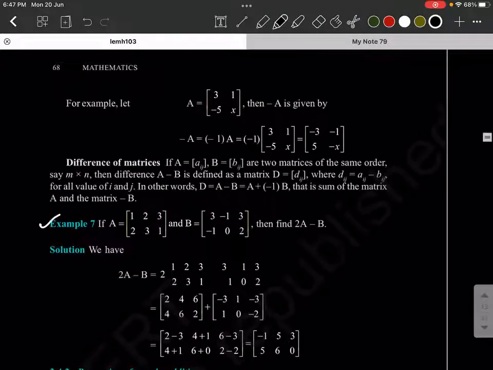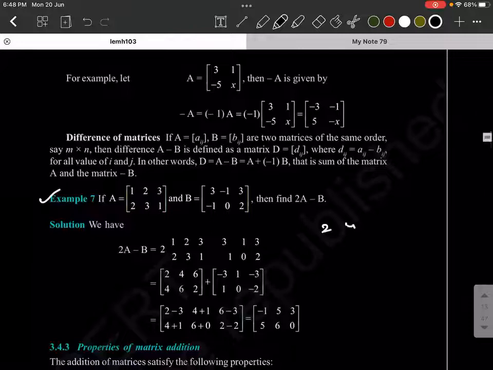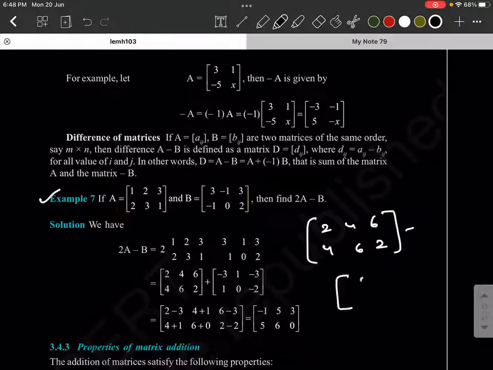Seventh example is a combination of both. Do it fast. A is equal to 1, 2, 3, 2, 3, 1. B is 3 minus 1, 3, minus 1, 0, 2. Then find the value of 2A minus B. Two, 4, 6, 4, 6, 2 minus B is 3 minus 1, 3, minus 1, 0, 2.